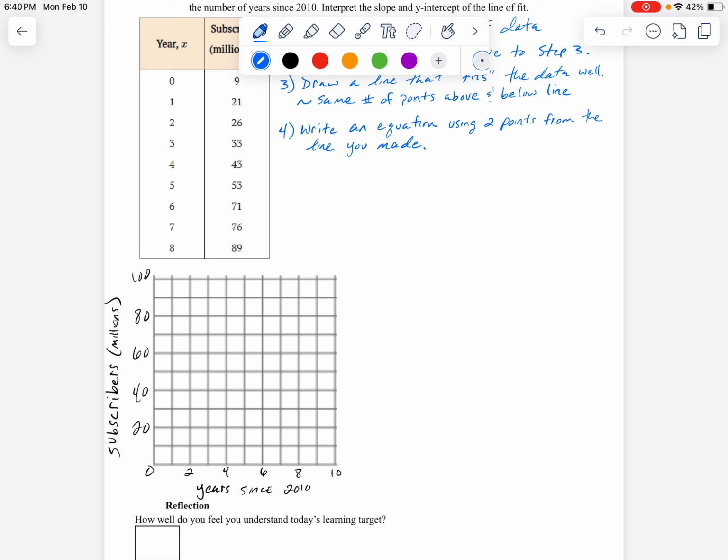So at 0 years, we have 9 million, so it's just above the 10.